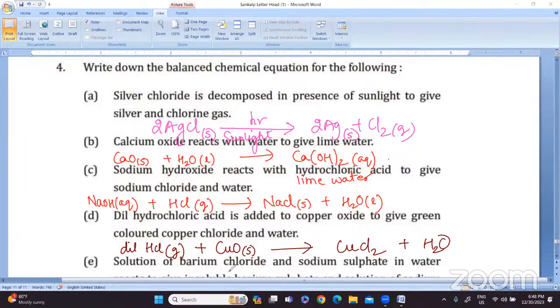See the reaction, whether it is balanced. So copper oxide plus HCl giving you CuCl2 plus water.